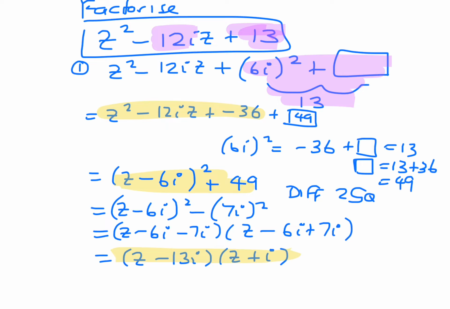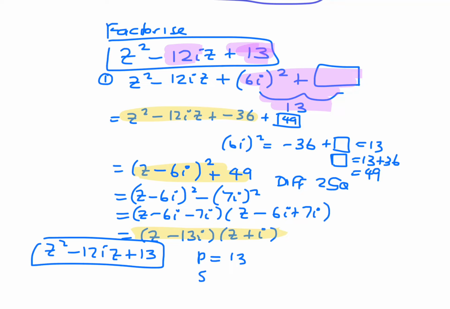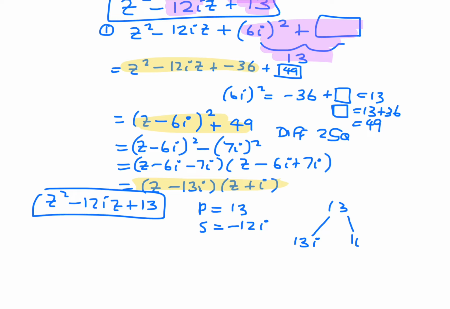Okay, now if I was going to do that a quicker way and just factorise it, if I was just factorising, the product equals 13 and the sum is minus 12i. So if you take 13, and you know that 13 and 1 multiply to give it, just put your i in there.